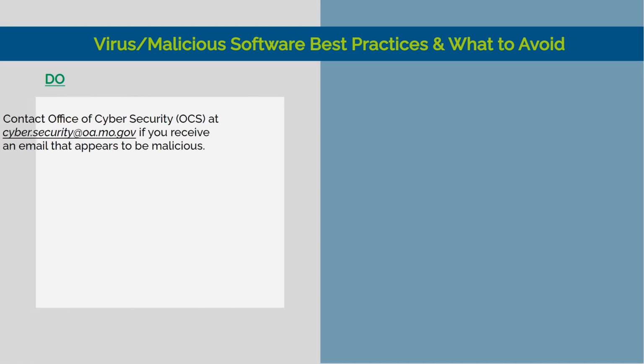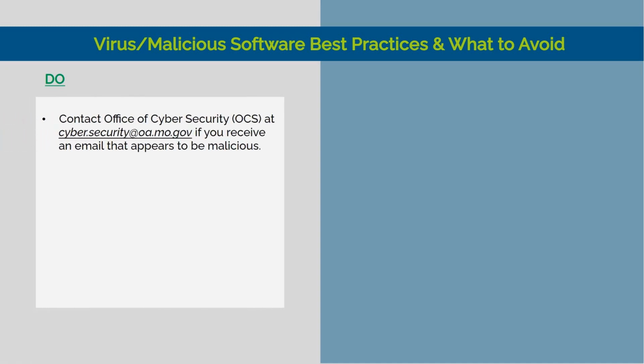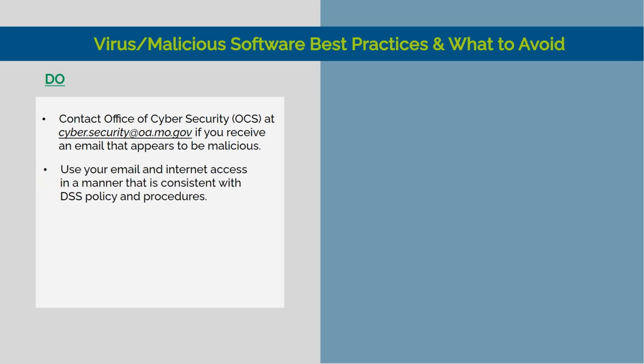If you receive an email that appears malicious, contact the Office for Cybersecurity at cyber.security@oa.mo.gov or by clicking on the Report Phishing icon on your email toolbar immediately. Follow DSS policy and procedure when using email and the Internet. If you have a state-issued device, connect your device to the DSS network every 30 days for security and software updates.